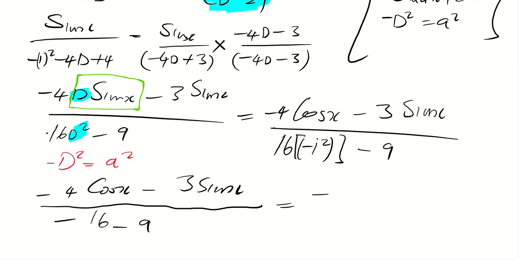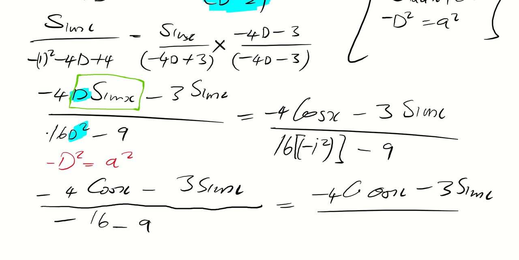Okay, then you have your final answer. So you can combine them, it's fine. Cos x minus 3 sin x, and then you divide there. So here you get minus 25. So you can split them and divide them individually if you want to.